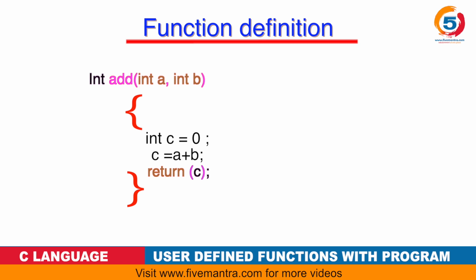Now, if you understand how we write this function definition, this is nothing but the return type, and this we call the function name. Next, these are the argument list, and it does not end with a semicolon.